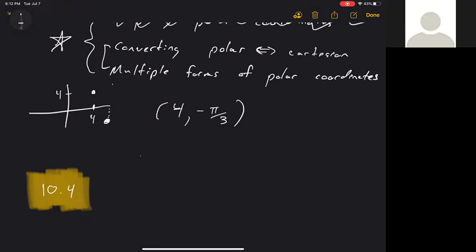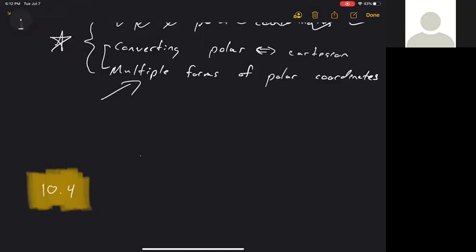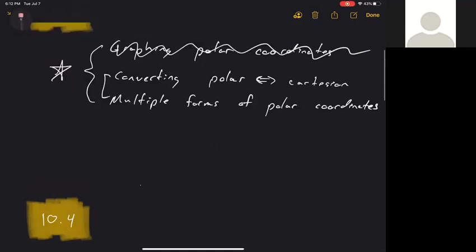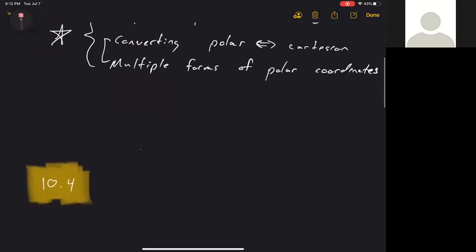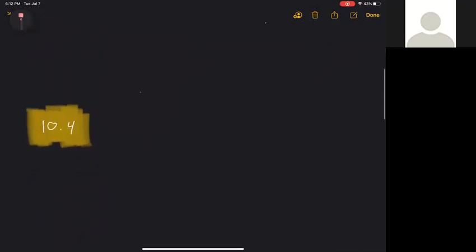And then you see that's obviously not the same point you started with, so maybe that's a clue you did something wrong. So I think it can be beneficial for checking your work. Graphing the points would be a good way to check your work, but it won't be necessary for full credit.